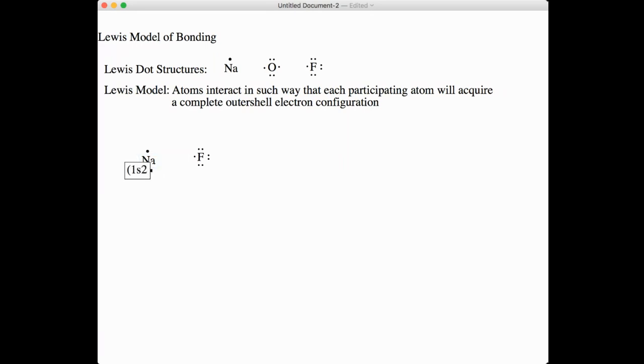1s2, I'm going to write atomic number here for those of you. Okay, so 1s2, 2s2, 2p6.